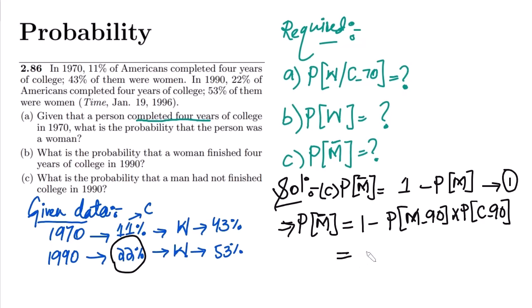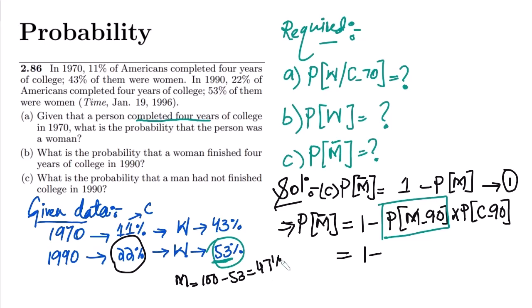So let me write them here. So this would be 1 minus, how much is this? This is the probability of male passing in 1990. This would be 100 minus this 53. Okay, so male here will be 100 minus 53, so it would be 47%.